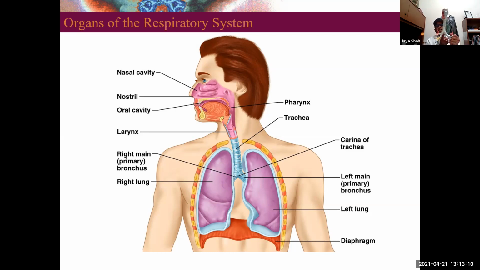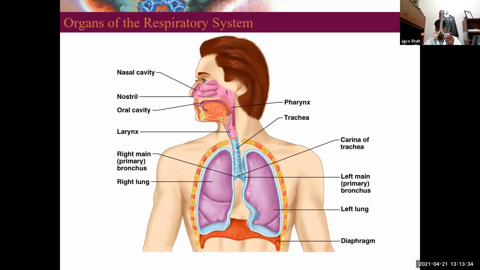So the trachea now divides at the carina, becomes the right primary bronchus and the left primary bronchus. And then it further divides, becomes secondary bronchus. Before it becomes secondary, which side do you think is shorter and which side is longer?